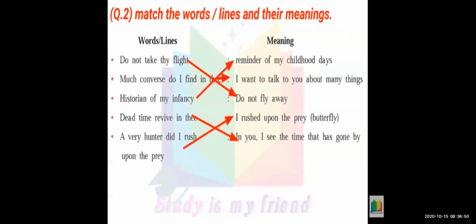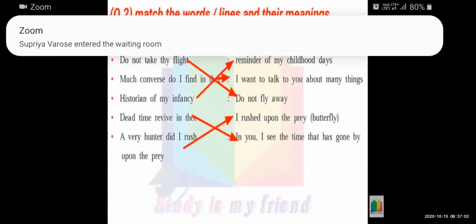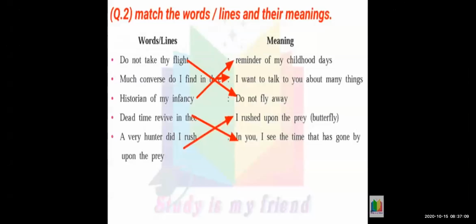Next, here match the words, lines and their meaning. In the first side, we see words or lines in the poem, and on another side we see the meanings of those lines.